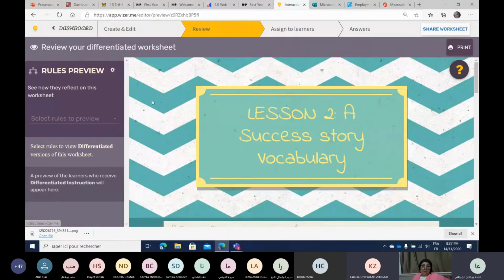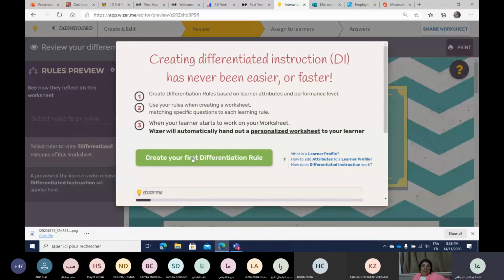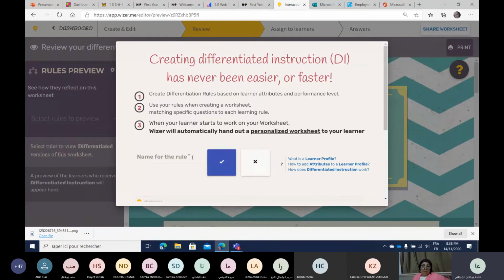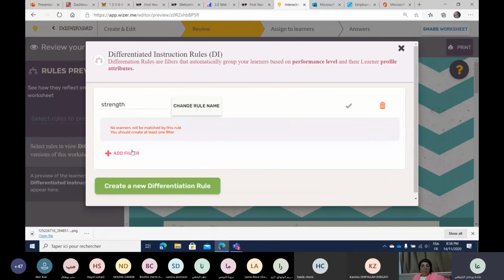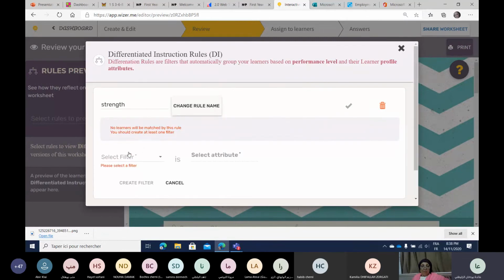Okay, we're here. Look at this part of the screen. Create first differentiation rule. Okay, I will name it, for example, I don't know, strength. And any rule which you set for your students. Then I will have to add a filter.